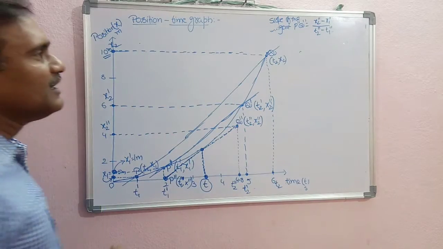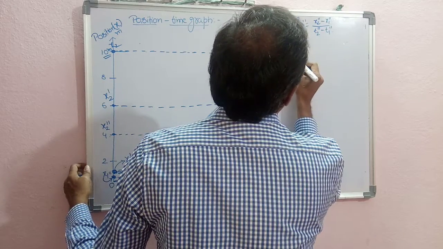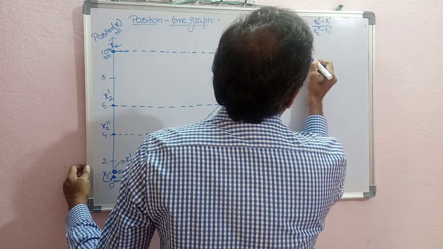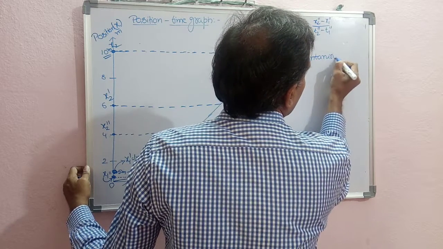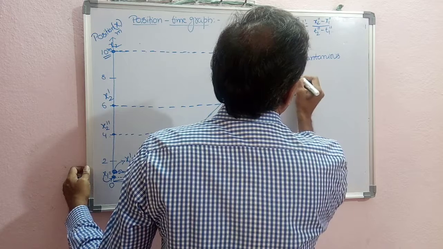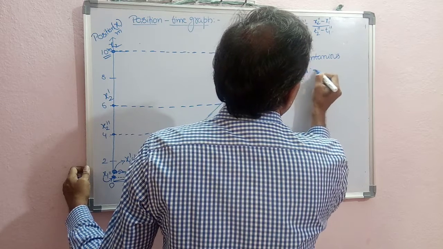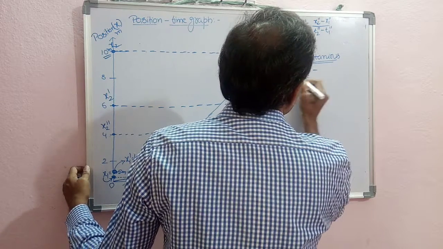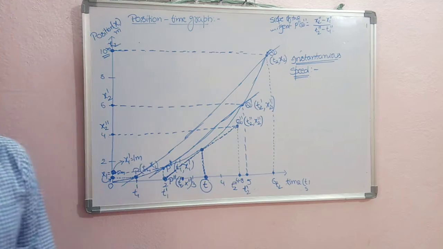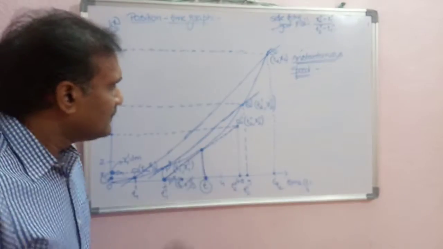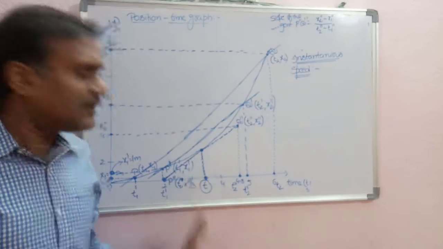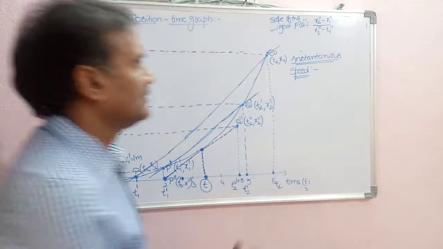Now, you tell me the definition for instantaneous speed. Okay, instantaneous speed, that is the speed of the particle at a particular instant.